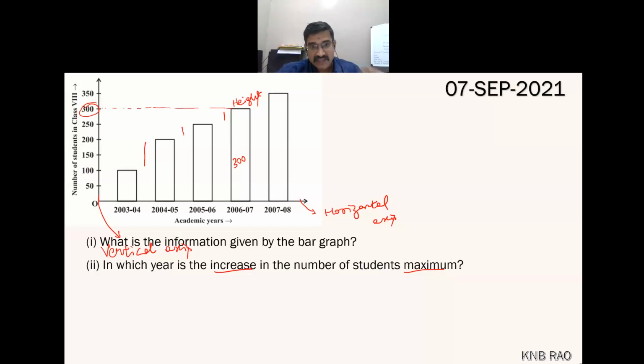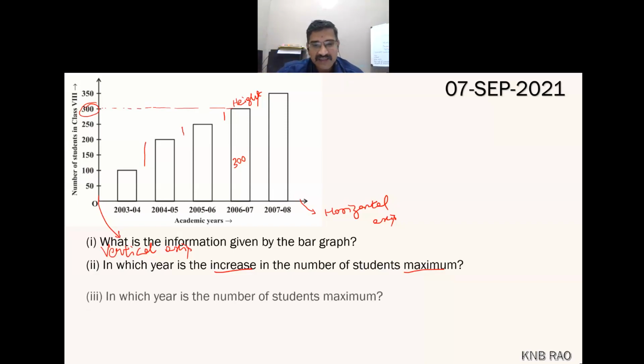Oh Vedant, what I was actually saying is, in which year is the increase in the number of students maximum? So he's saying the increase is maximum when you observe from 2003-04 to 2004-05, where the increase is 200. You need to understand the question correctly, then take out of the given graph what is required; what data is to be taken has to be observed properly.